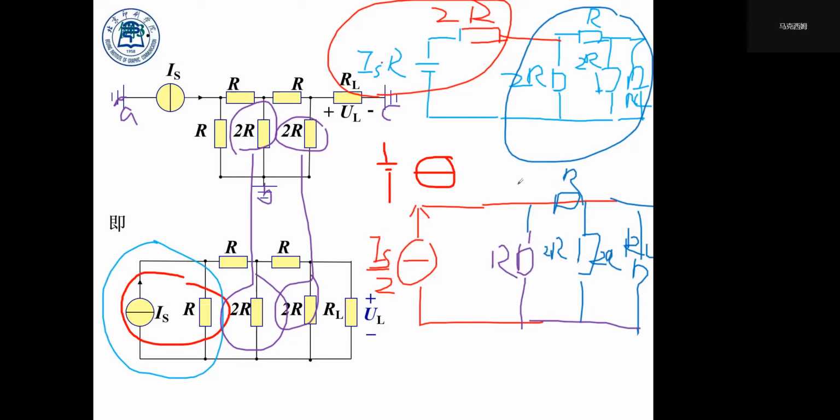So we do this process all over again. We can transform those two branches on the left into a series-connected voltage source and resistor.